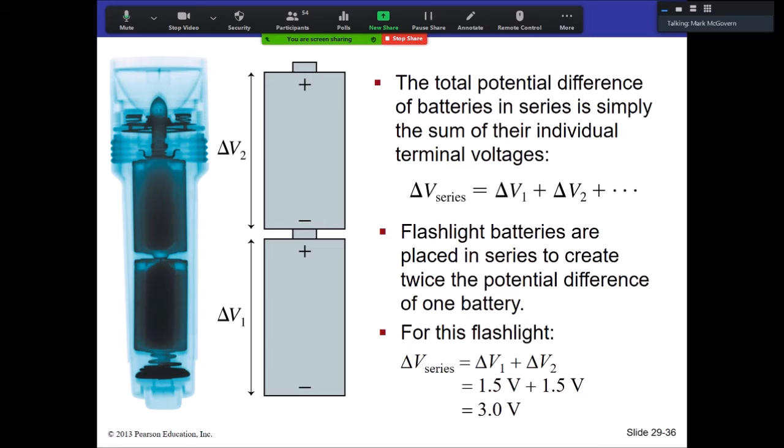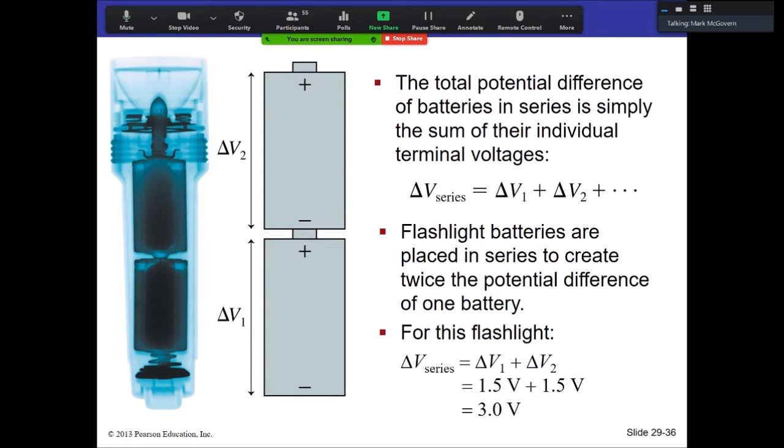So when we hook up batteries in what we call a series configuration, it means what it sounds like: things in series are sequential. So if we have these two batteries here for this light bulb, usually flashlights take the jumbo D batteries.